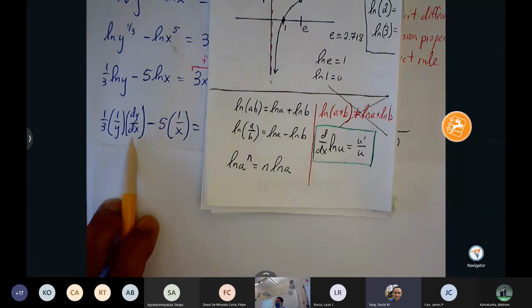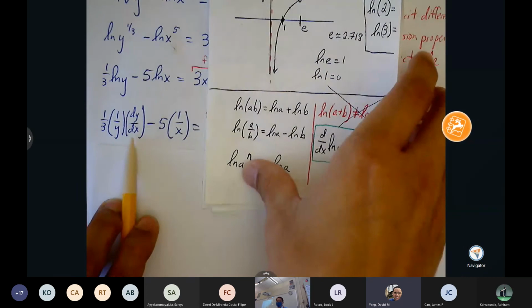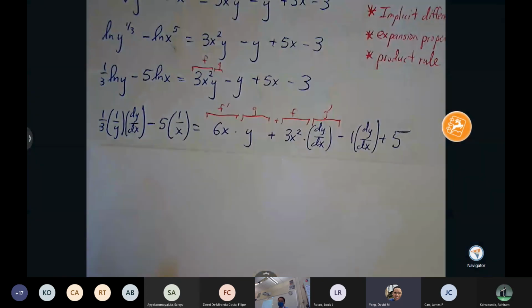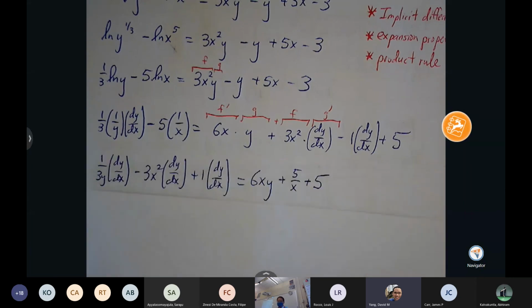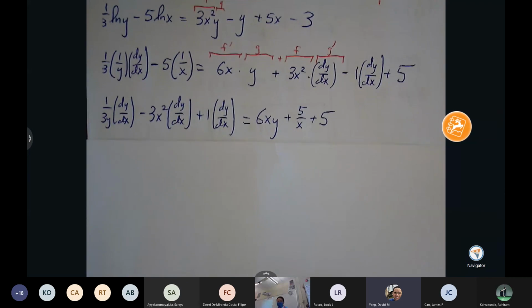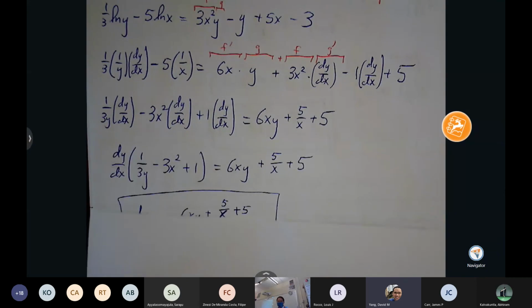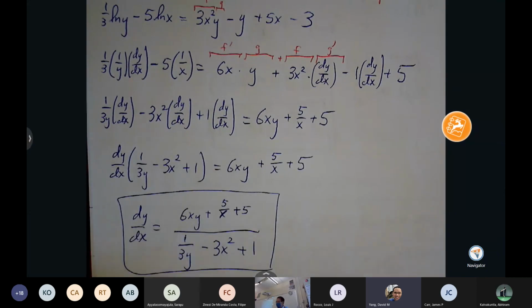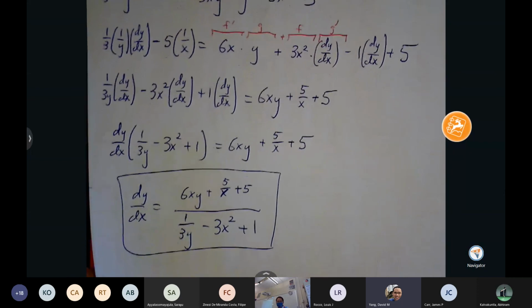And then we need dy dx because we're asking for y's derivative. Okay, so good with the calculus step. So now we're just rearranging. Now we want all the dy dx terms on the left, the non-dy dx terms on the right, factor, divide over, and then you can leave your answer in an unsimplified complex fraction, that's fine.